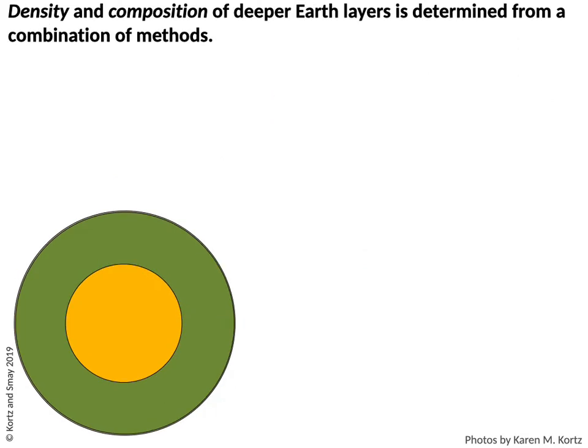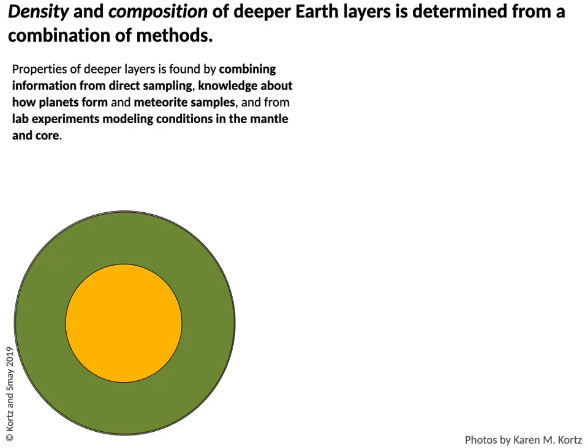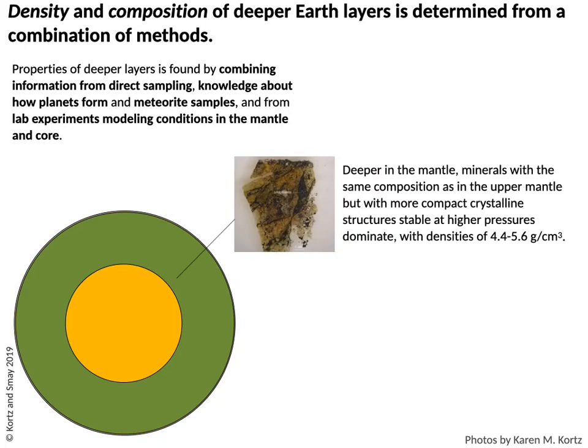So how do we figure this out? We know that there's denser material towards the center of the Earth, the stuff that we can't directly sample. We can figure this out by combining a bunch of information from direct sampling. We also know a lot about how the planets have formed, and we have meteorites, which are basically samples left over of planets that never completely formed, that were part of different layers of those protoplanets.